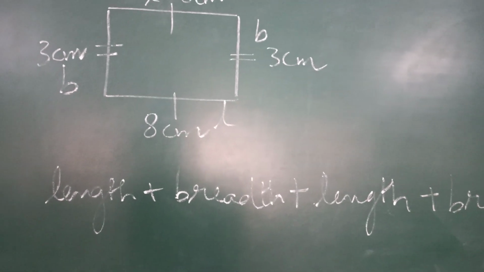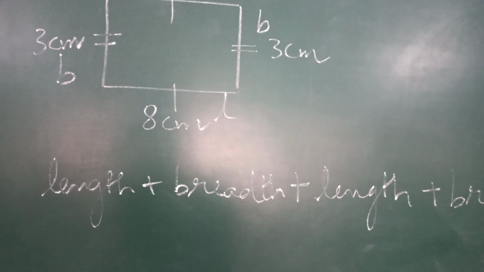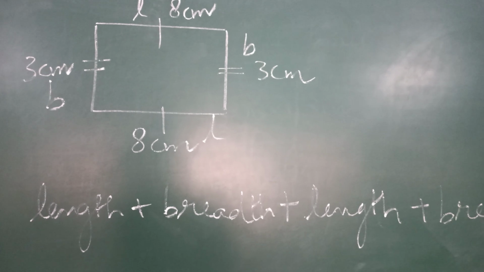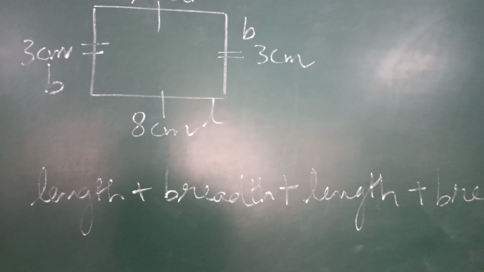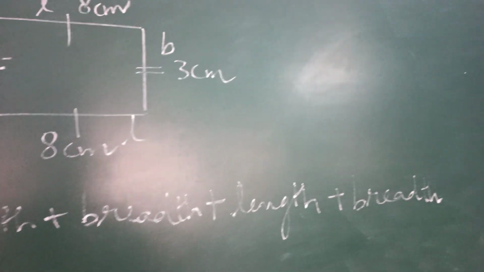Okay, but in class 5, you have a formula now which you will be following to find the perimeter of the rectangle. Now, because there are two lengths and two breadths, what is done is that 2 is taken in common.